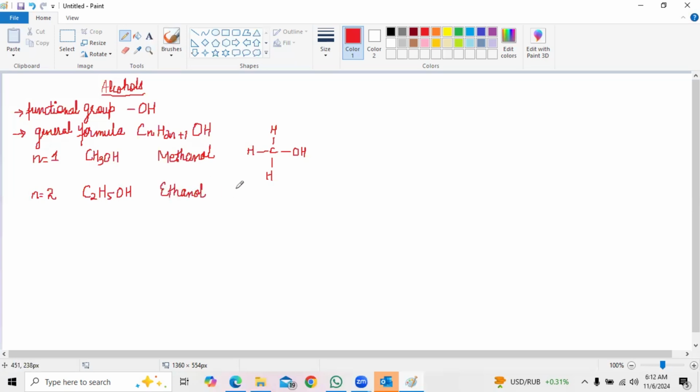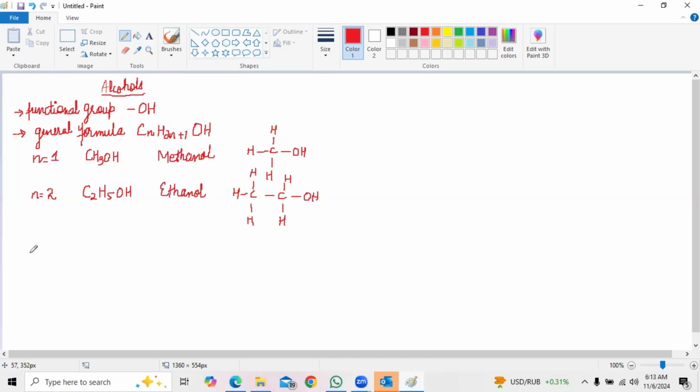Yes, Ayan, is that clear? Yes, sir. So this is called ethanol. And as we know, there are two carbons. So here would be one hydrogen, here would be one hydrogen, and here would be the group which is attached.